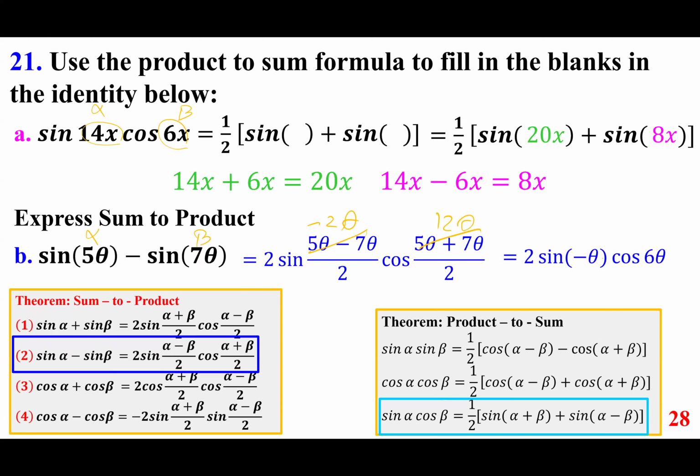Now, I hope you know that sine of negative theta is minus sine theta because it's an odd function. So you get negative 2 sine theta cosine of 6 theta. So that's a brief description of the product to sum and sum to product formulas.